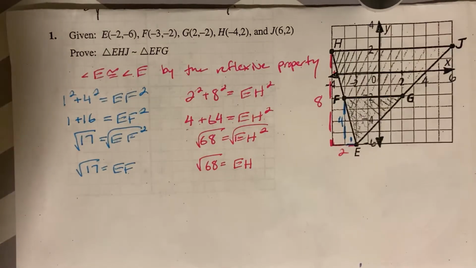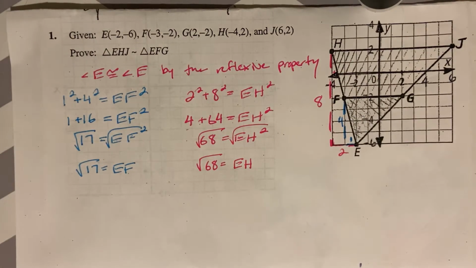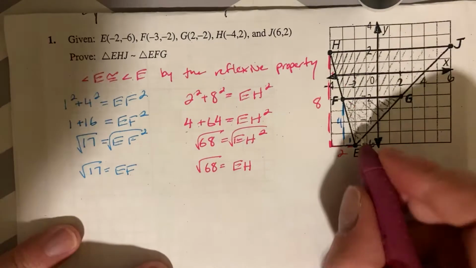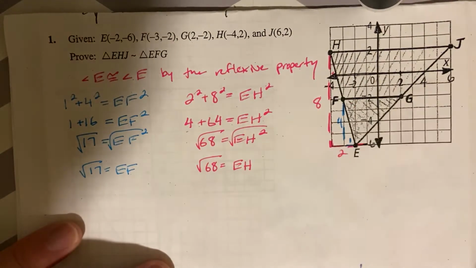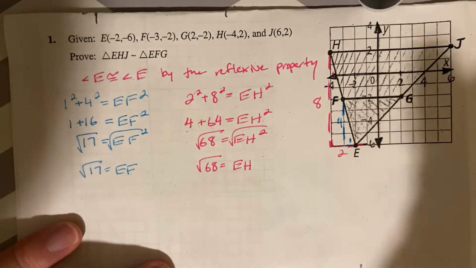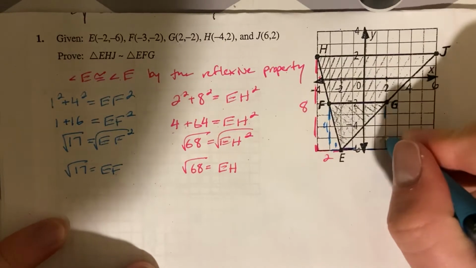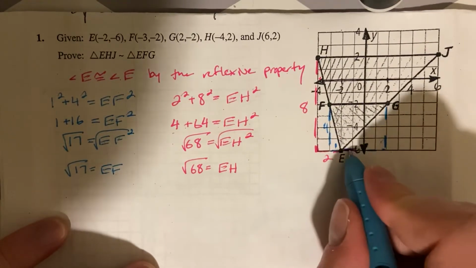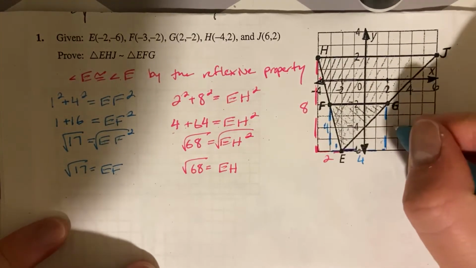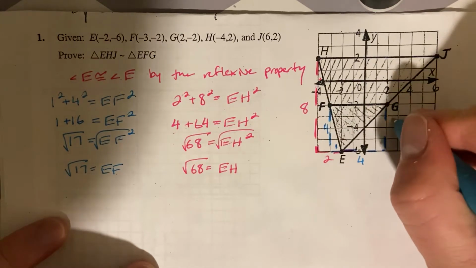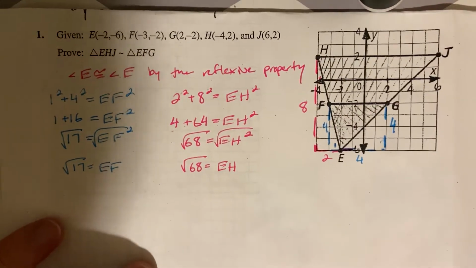So if you want at this point, you can do this on your own, or you could stay with me. So again, I'm going to draw my dashed lines. This is 4 boxes. This is also 4 boxes.